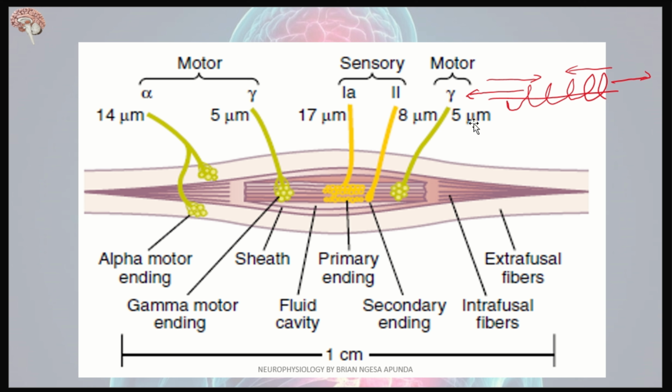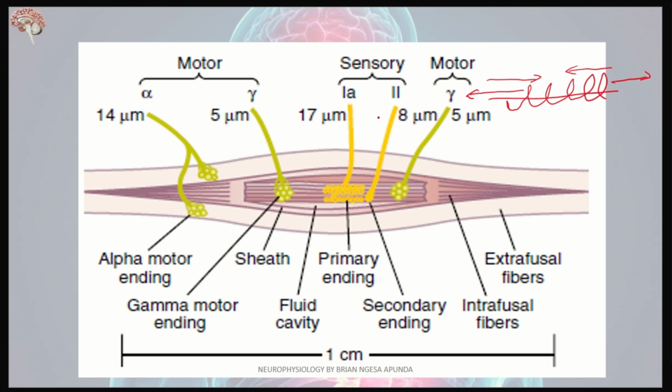We've suggested that to make a good reflex arc, you need to also appreciate the sensory wing. For the sensory wing, you are able to see some types: type 1A, we also have the type 1B, and here we also have the type 2.